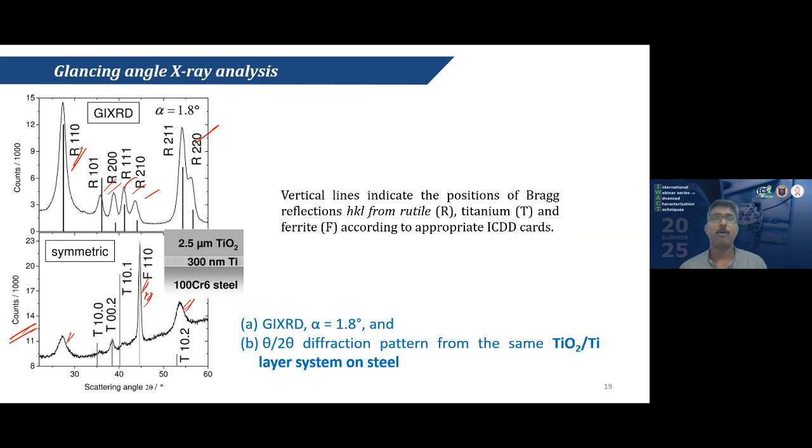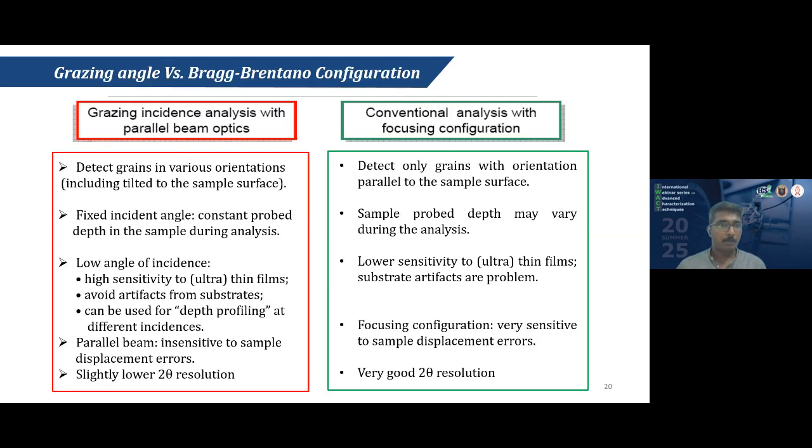Here is a comparison of the advantages and disadvantages of grazing incidence versus the Bragg-Brentano configuration. In grazing incidence XRD, we could detect grains in various orientations, including those tilted to the sample surface, whereas in normal XRD, we could only detect those grains which are parallel to the sample surface.